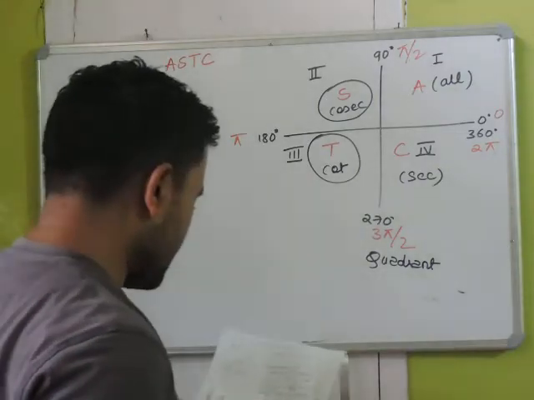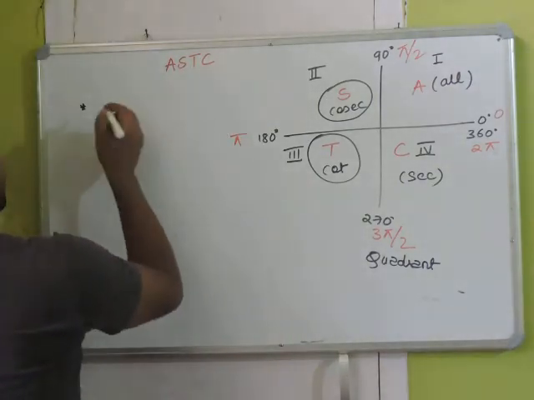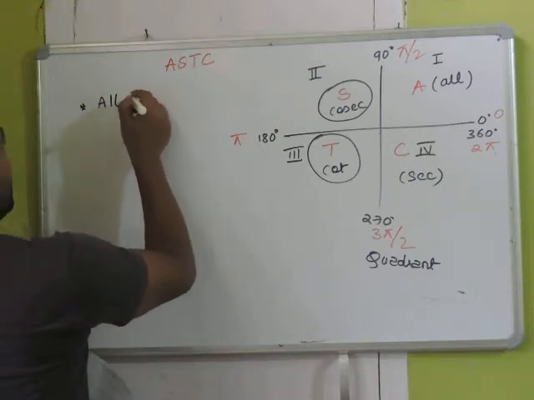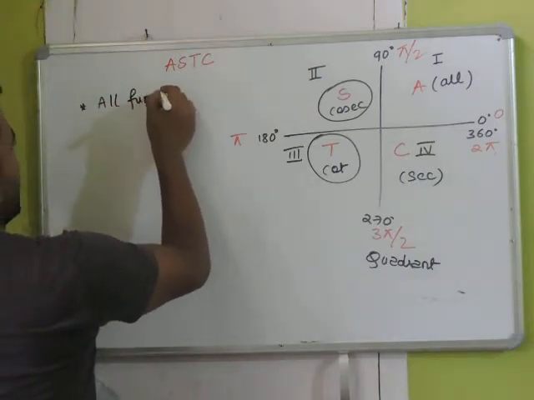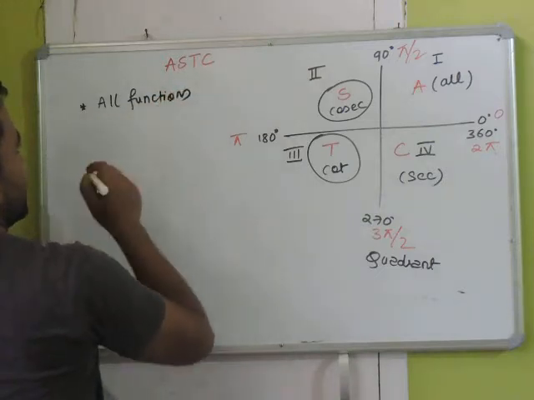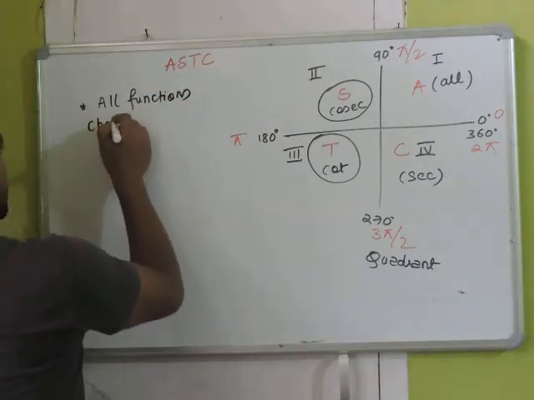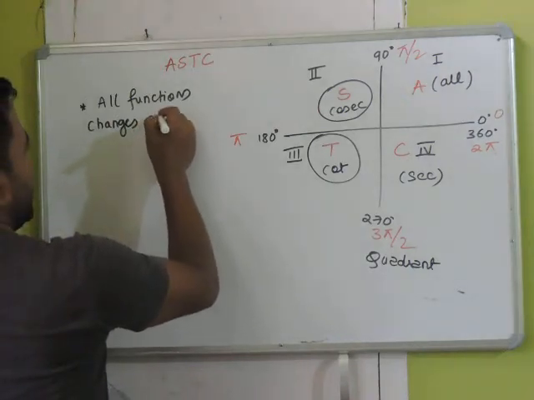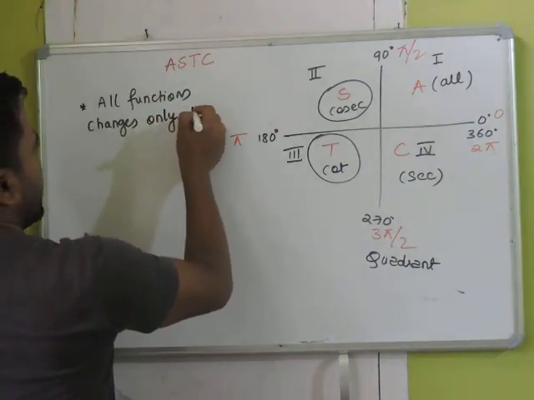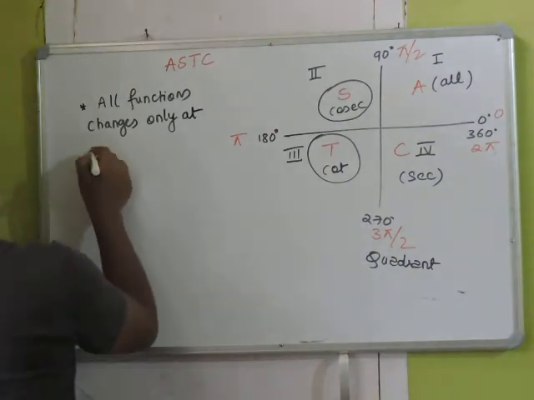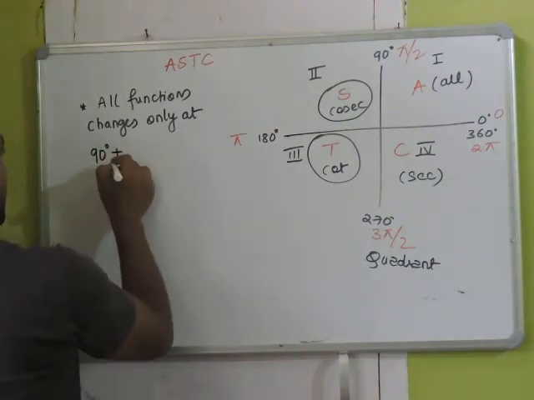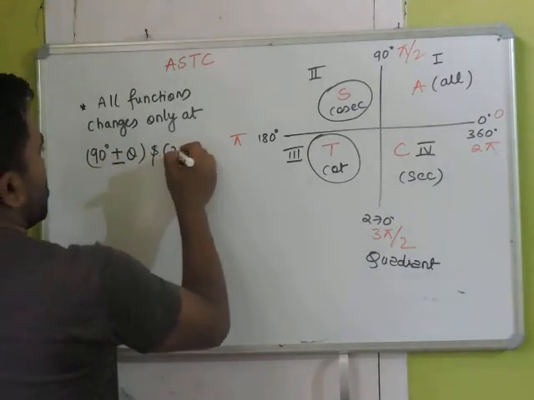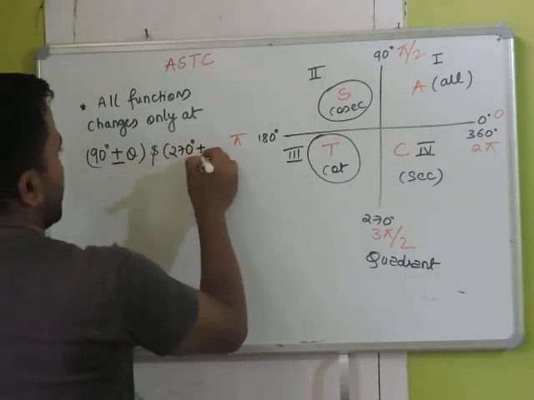Now it turns out that all the trigonometric functions change only at 90 degree plus minus theta and 270 degree plus minus theta.